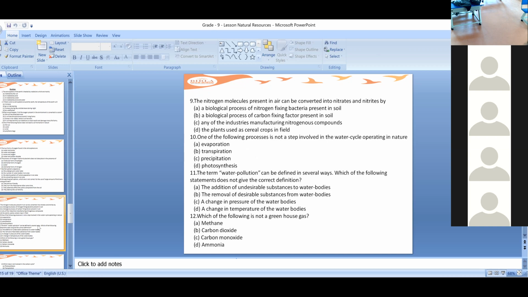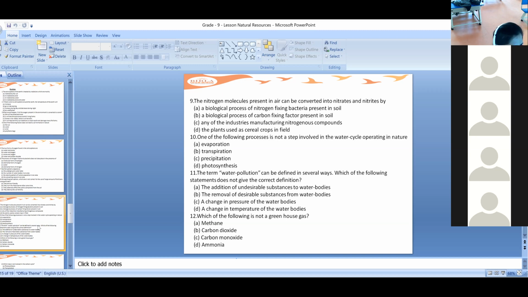Ninth question: the nitrogen molecules present in air can be converted into nitrates and nitrites by a biological process of nitrogen fixing bacteria present in soil, or a biological process of carbon fixing factor present in soil, or any of the industries manufacturing nitrogenous compounds, or the plants used as cereal crops in field.